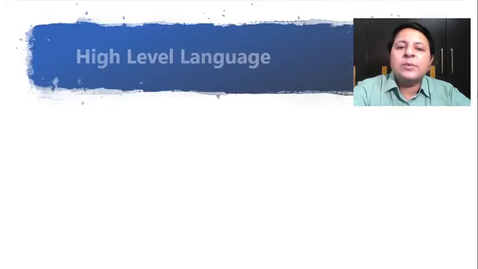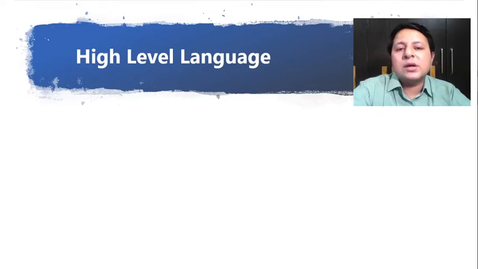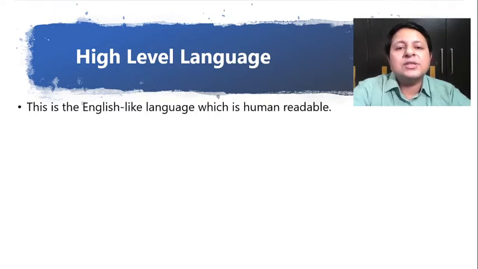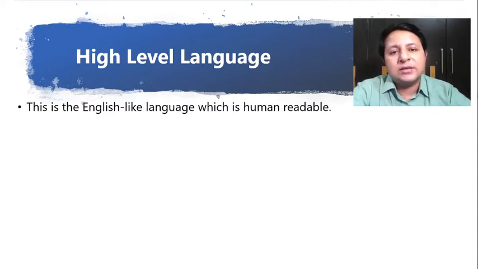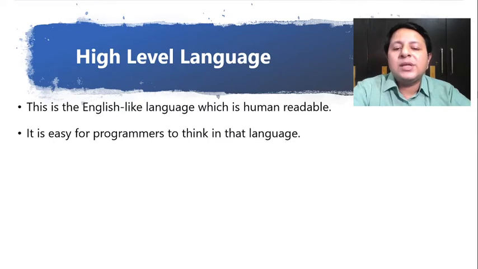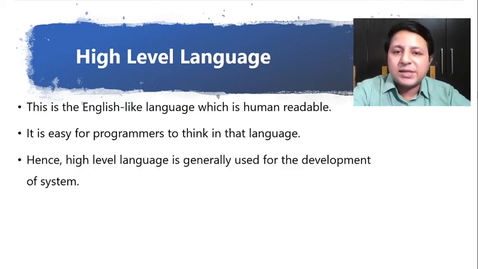Starting with the high level language, as the name suggests, it is the language which is considered to be high level and most human readable. That is, it will contain the instructions in English-like language, which will be easy for humans to read and to understand. That's the reason this language becomes very easy for programmers to think and to develop the logic. The development of a lot of bigger systems is always done by the programmers or developers in high level language itself.